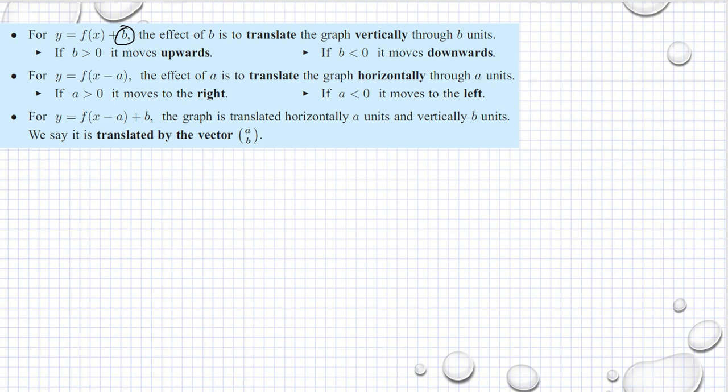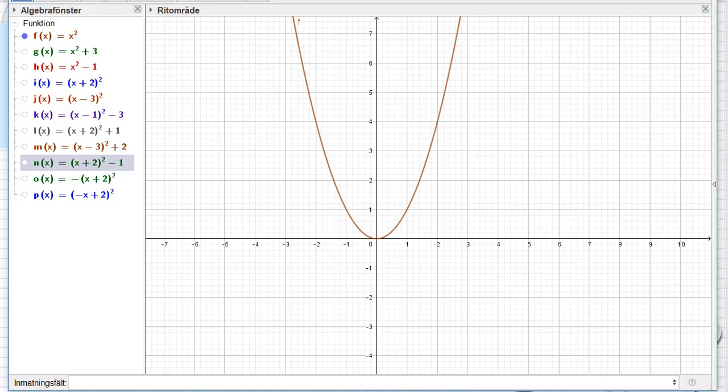If b is greater than 0, it moves upwards, but if b is less than 0, it moves downwards. In our example, if it's greater than 0, it moves upwards 3 steps, and if it's less than 0, it moves downwards 1 step.